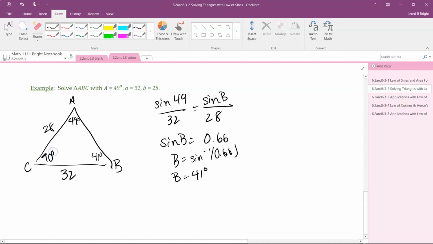Ooh, drawing is really, really bad. Okay, but let's just check it. Okay, so let's just say, I'm not quite sure about this. Let's see what law of sines would say.